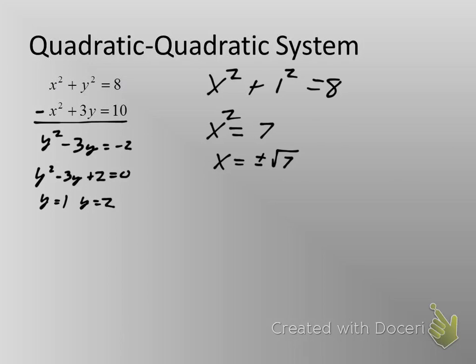And then go the other time. x squared plus 2 squared equals 8, which means x squared equals 4, which means x equals plus or minus 2. Okay, so as you can see, these won't always be all four of your coordinates all the same all the time. So you just have to be careful.